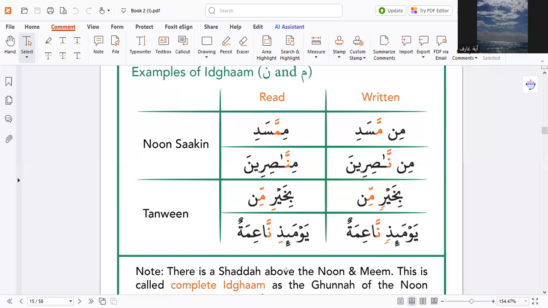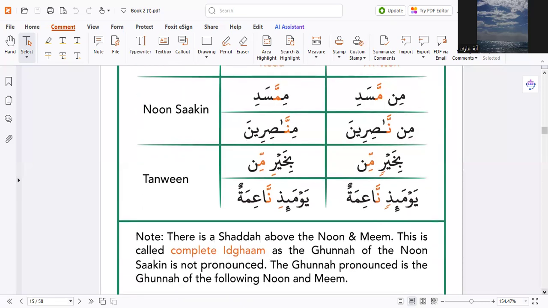As we see, there is a shadda above the noon and the mim, so this is called complete idgham. We make it complete idgham because the ghunna of the noon sakina is not pronounced, that means it is followed by a noon with shadda or mim with shadda, as we see here.